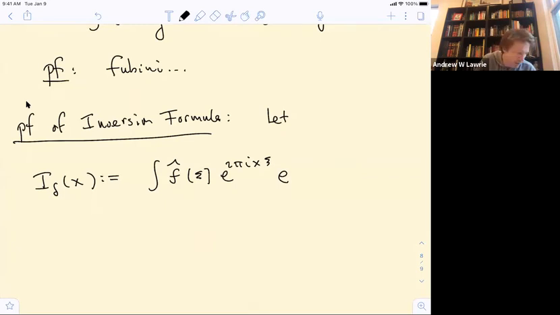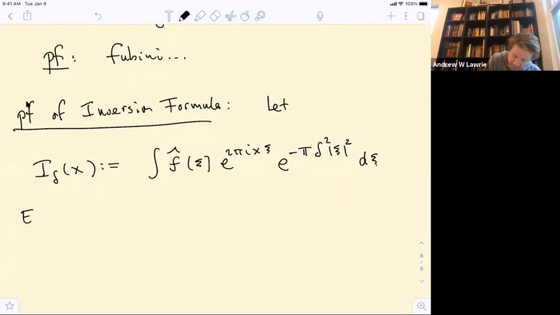So I'm going to squeeze in e to the minus pi delta squared, absolute c squared, dc. This is where delta comes in. And now we're going to evaluate the limit as delta goes to 0 in 2 ways.